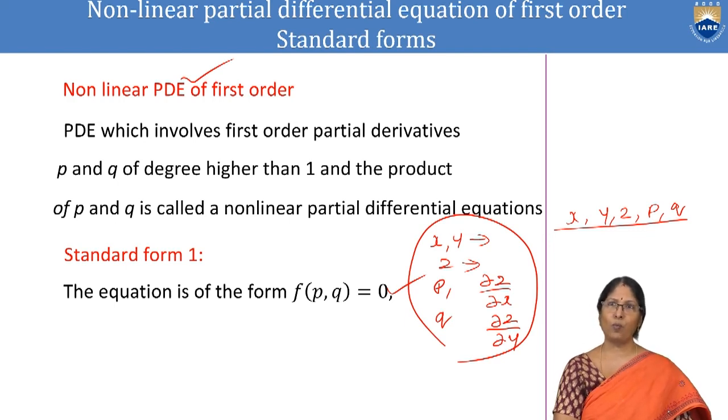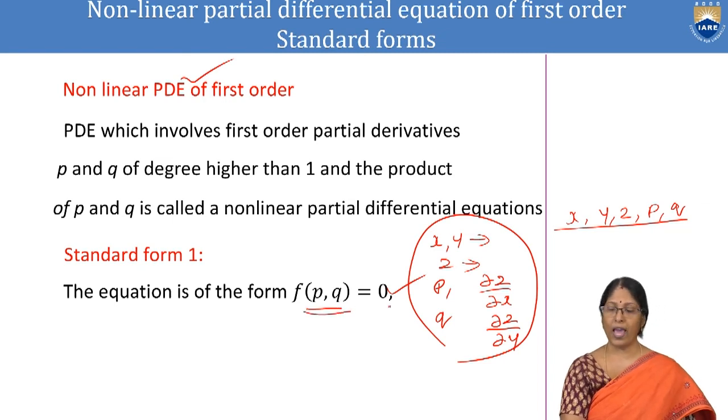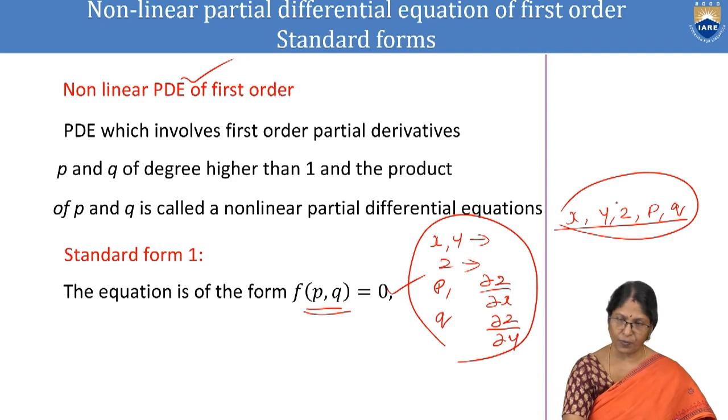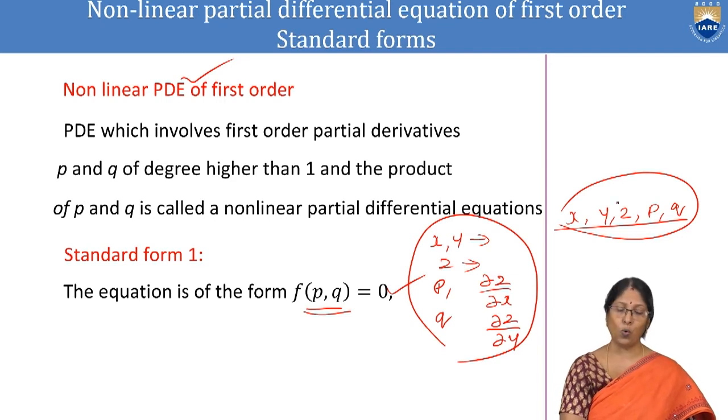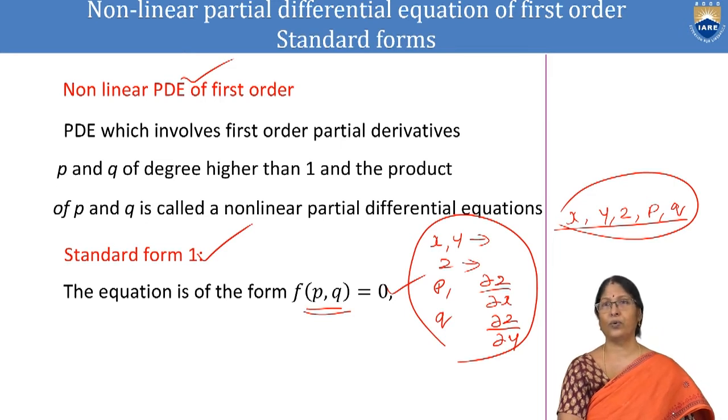Now standard form 1: among these 5, the equation will have only p and q. If the given equation has only p and q, we can say it is related to standard form 1.